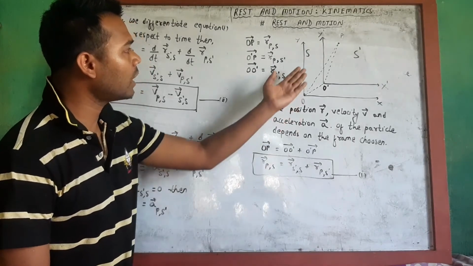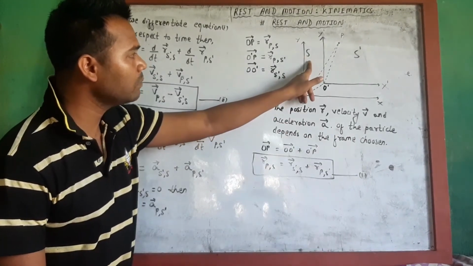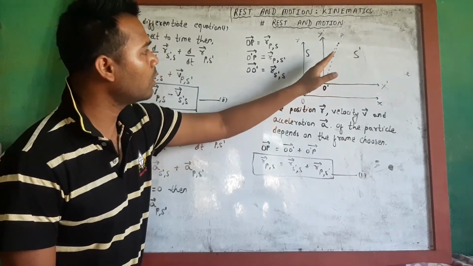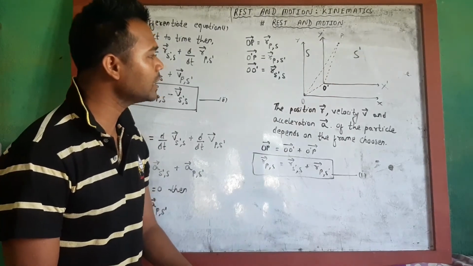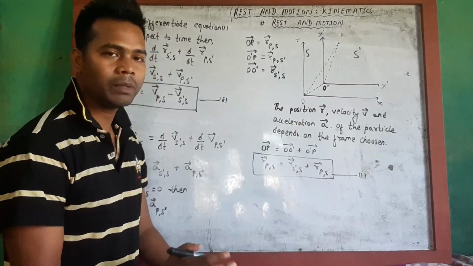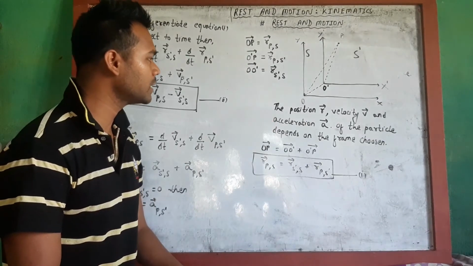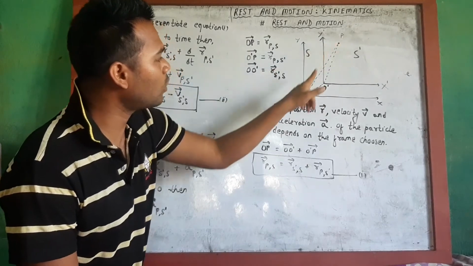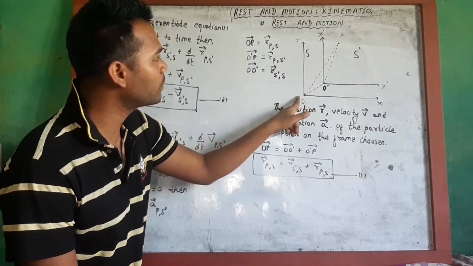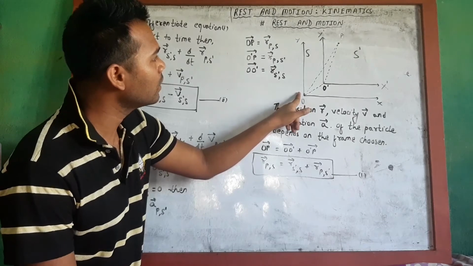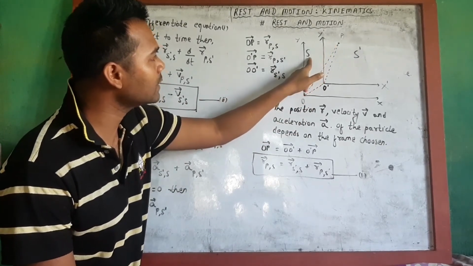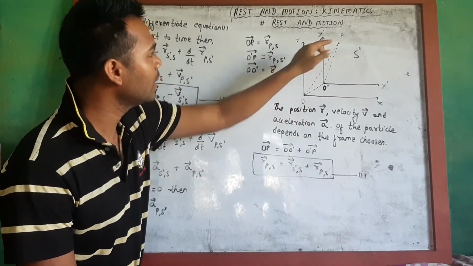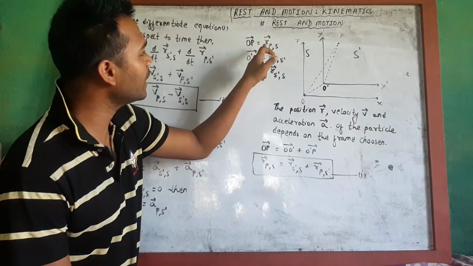Now let us consider there are two reference frames, the S reference frame and the S dash reference frame, and the particle P is observed from both of these reference frames. One reference frame may be moving with respect to the other. For the particle P observed from the S frame, the position vector of particle P with respect to S can be given by the OP vector, denoted like this.